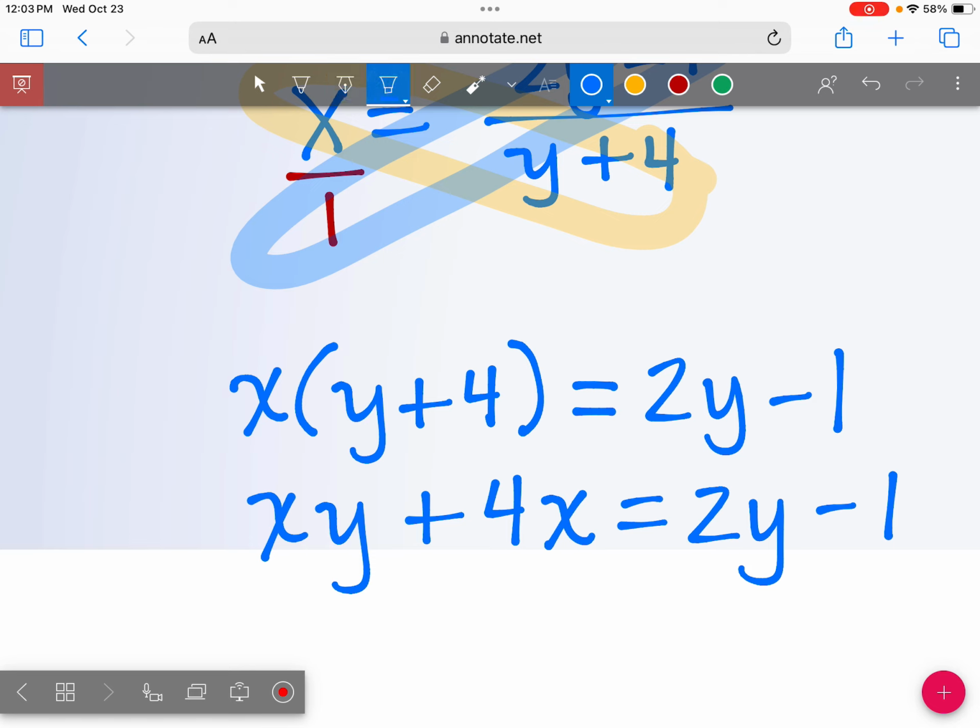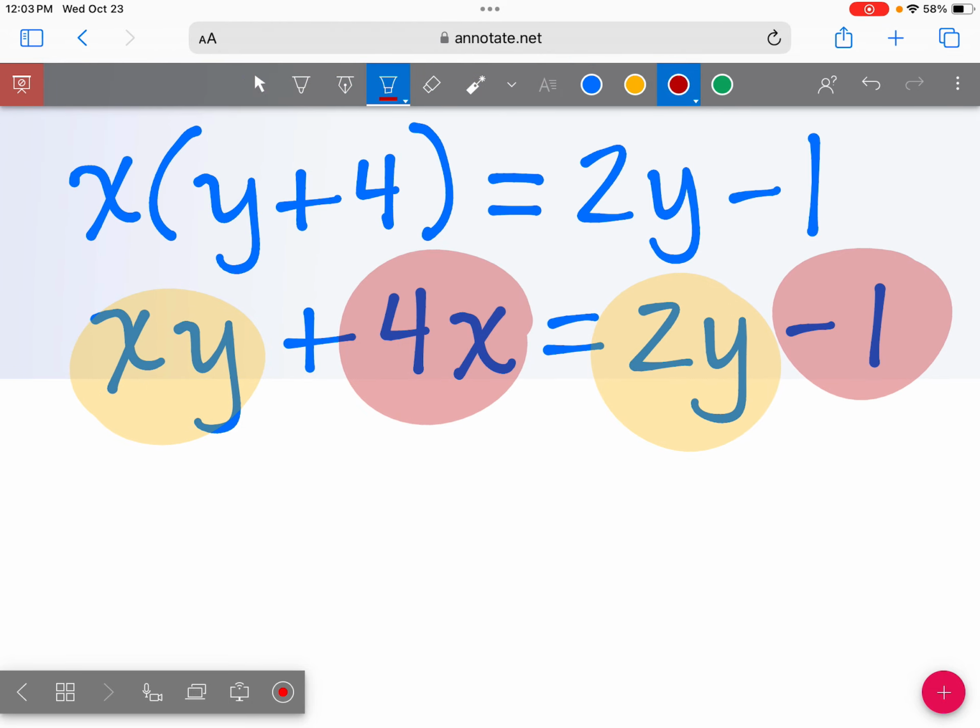So what we have to do, though, is get these two on one side of the equal sign because they both have a y. And then those terms that don't have a y need to be on the opposite side. So I need to rearrange this so that my yellow is on one side and the pink is on the opposite side. So I'm going to subtract the 2y and then subtract the 4x.